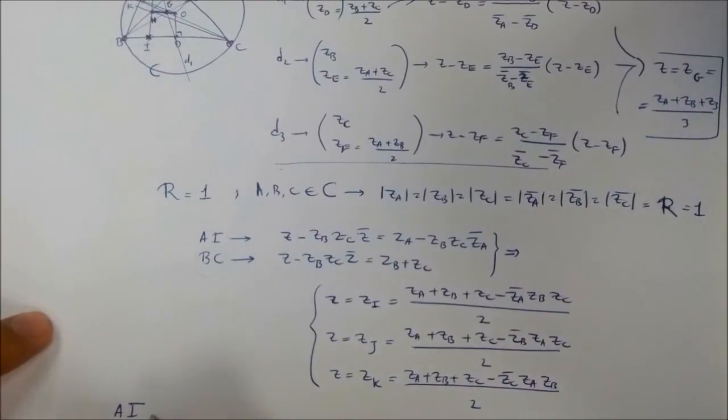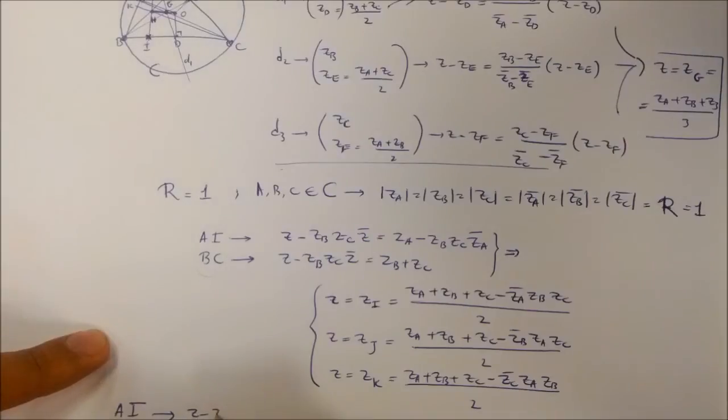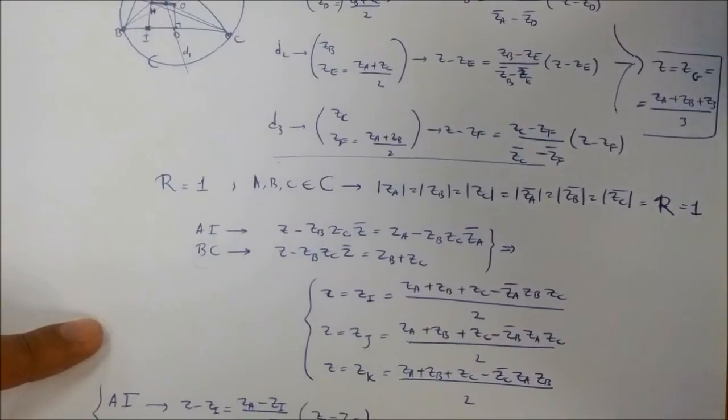So the equation of the line AI is Z minus ZI equal to ZA minus ZI over ZA bar minus ZI bar times Z minus ZI. The equation of the line CK is Z minus ZK equal to ZC minus ZK over ZC bar minus ZK bar times Z minus ZK.